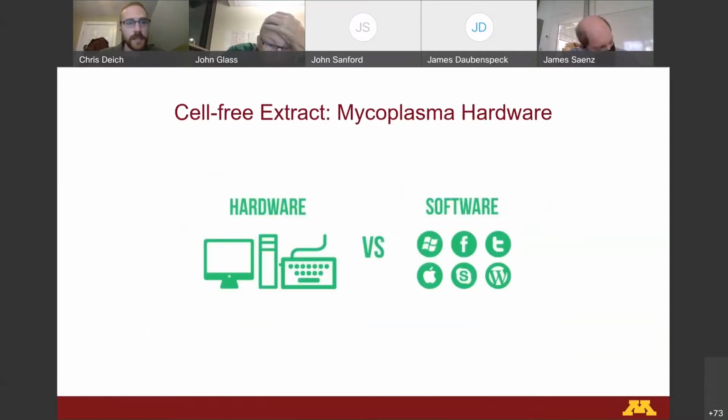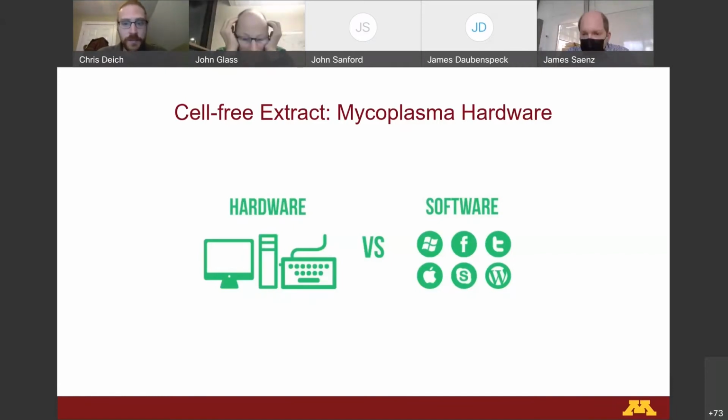So basically, we have the software made for us by JCVI. This would be the Syn 3.0 genome, which is already much smaller than other genomes, so less complex. And a cell-free extract made from that minimal genome could be paired with this synthetic genome to reconstitute a minimal cell.